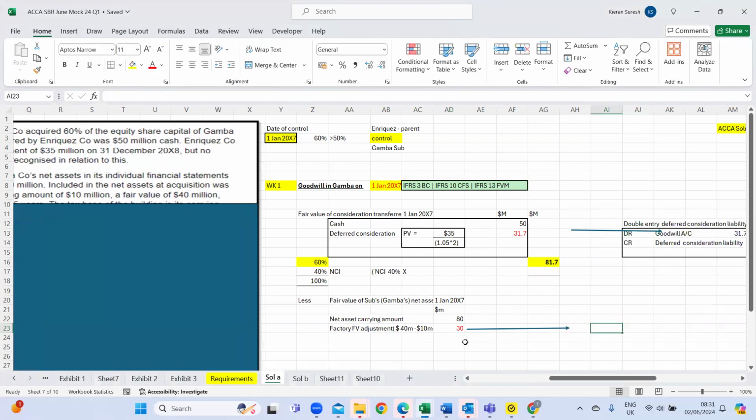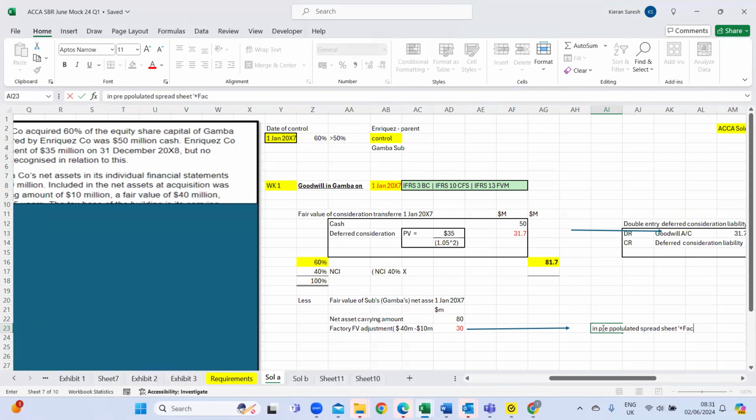So we are increasing the factory. In the pre-populated spreadsheet, you have to increase the PPE.